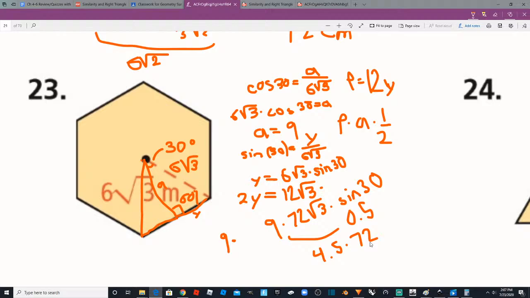Sine of 30 is equal to y divided by 6 root 3. Y is equal to 6 root 3 times sine of 30.